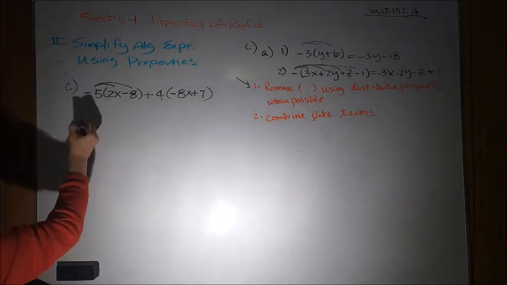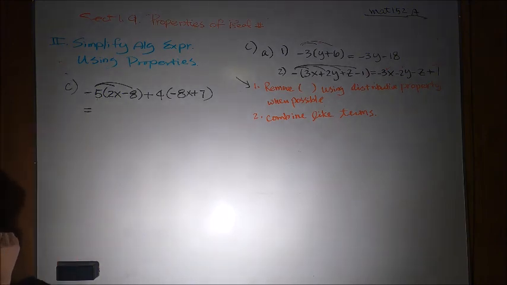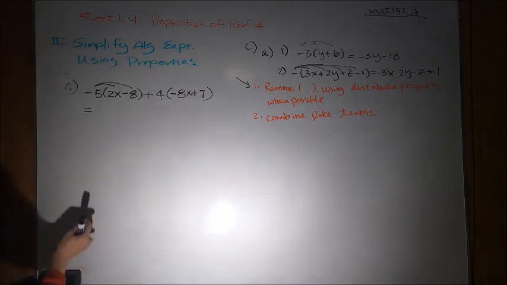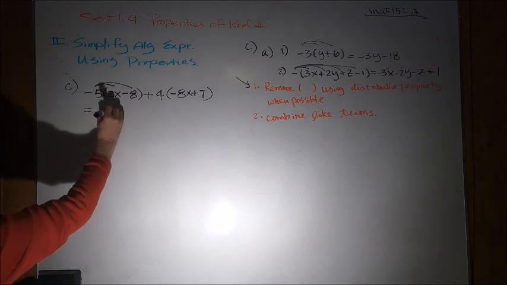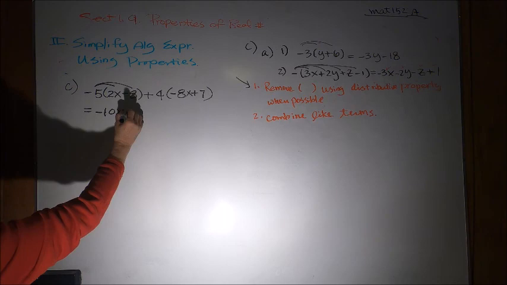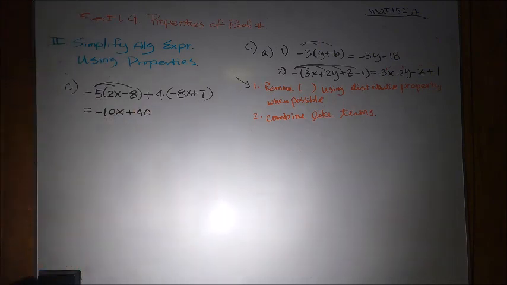Negative 5 times 2x, put your equal sign here, so you know you are working together from one step to another. That will be negative 5 times 2, 10x. Negative 5 times negative 8 would be positive 40.